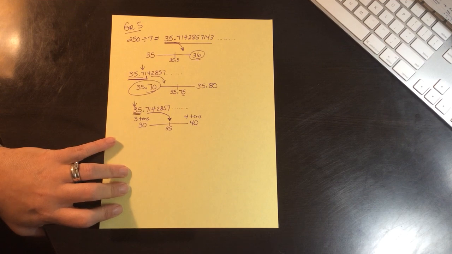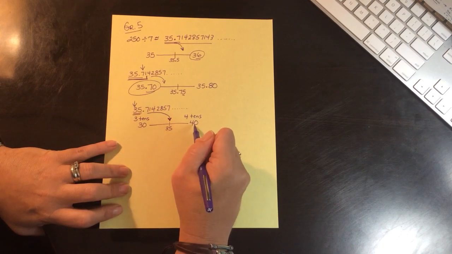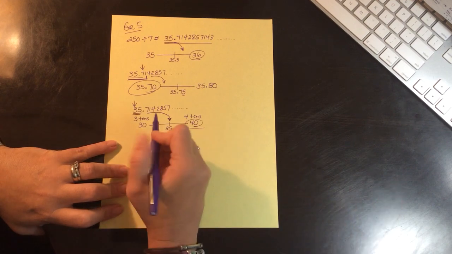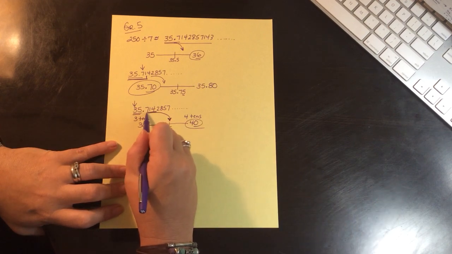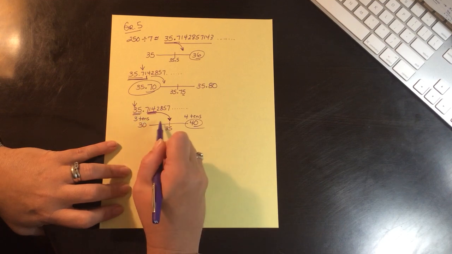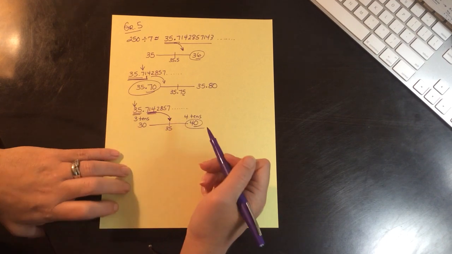Well, mathematicians made a rule that if it falls on the midpoint, if you get to at least halfway, you round to the greater value. So I would be rounding up to 40. And in this case, I even have additional parts to support that I really do have a little bit more than 35. So I should be rounding to the greater value of 40.